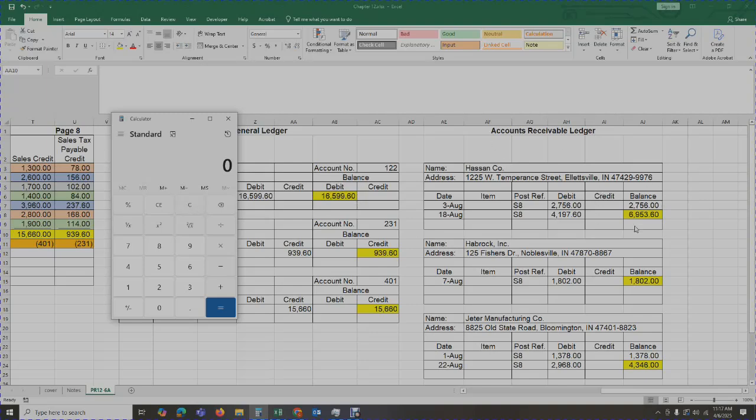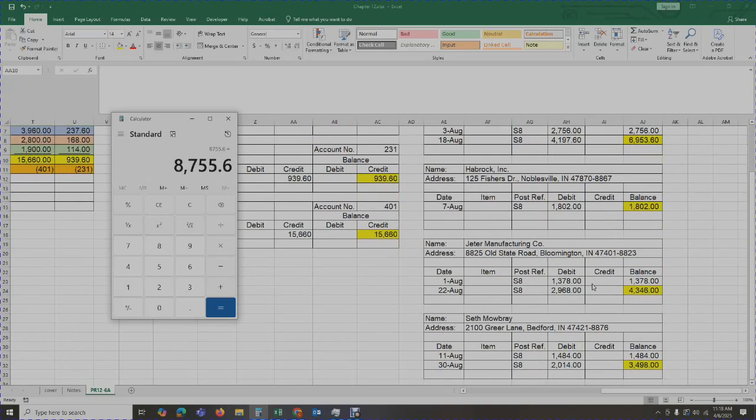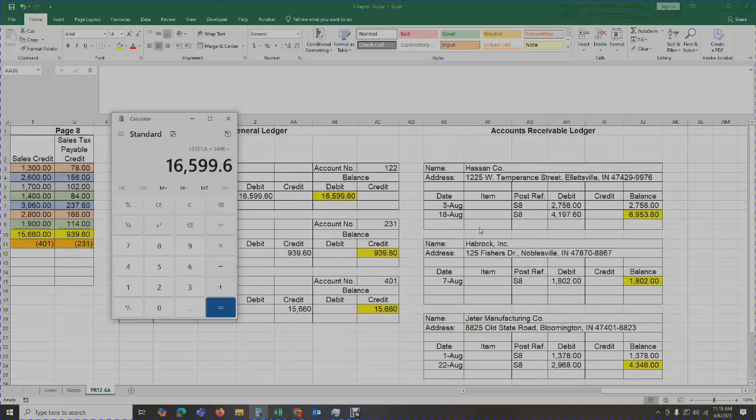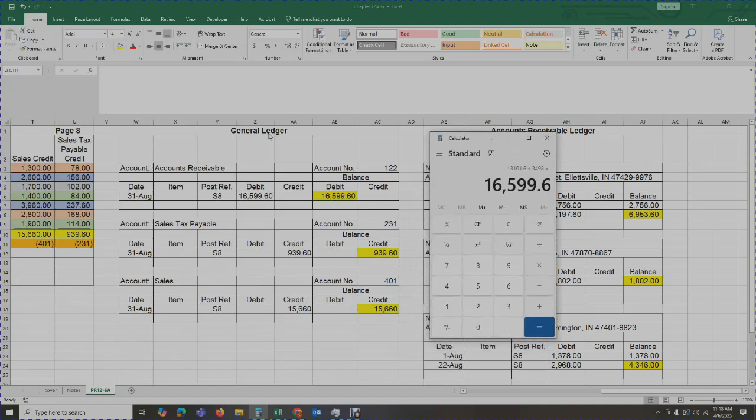Hassan owes me $6,953.60. Habrock owes me $1,802. Jeter owes me $4,346. And Seth owes me $3,498. So the amount of my total receivables is $16,599.60, which is my balance on my general ledger for accounts receivable.